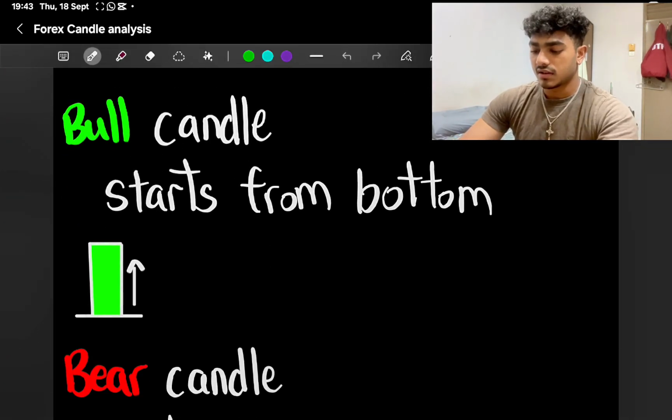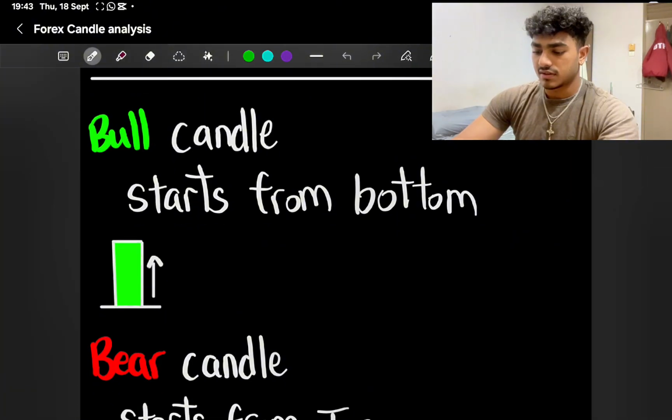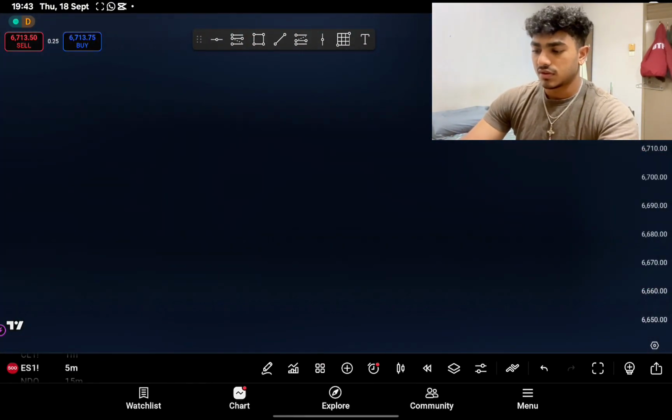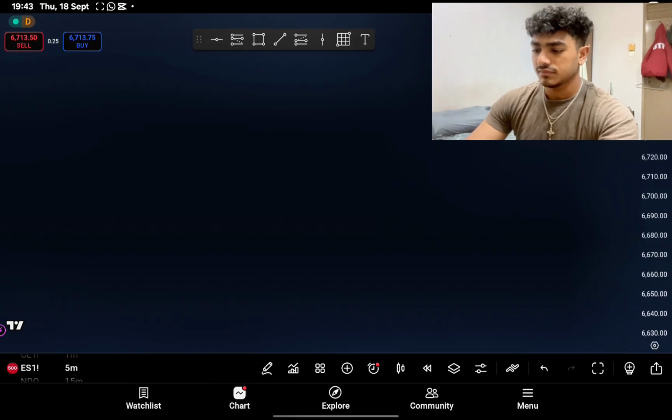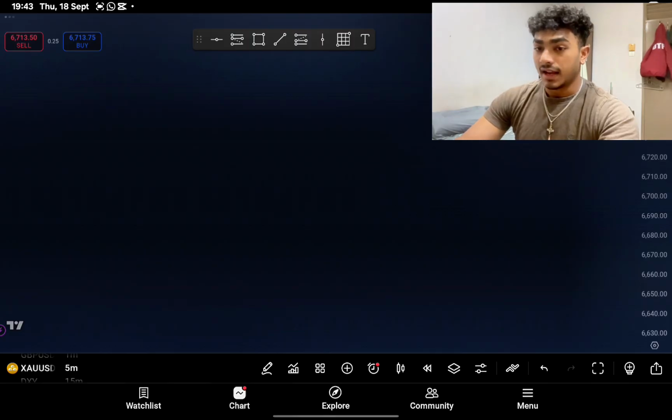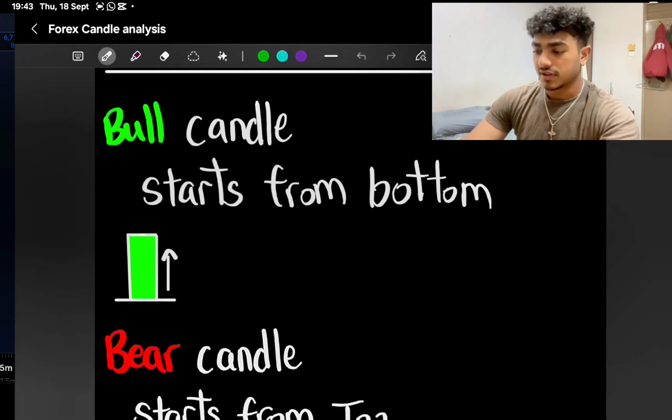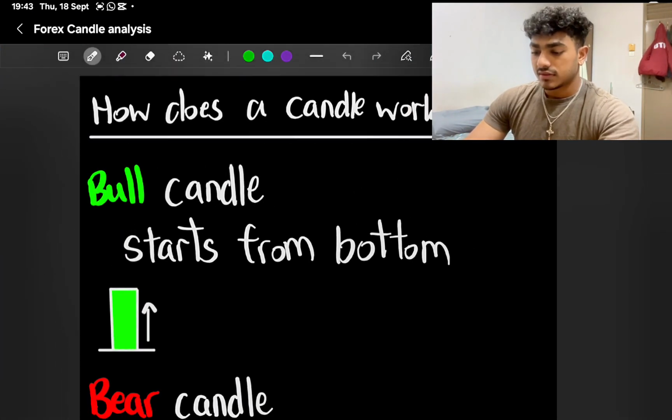When you see day trading, you can see the charts, right? Like I said in the last video, we normally use this kind of pattern.